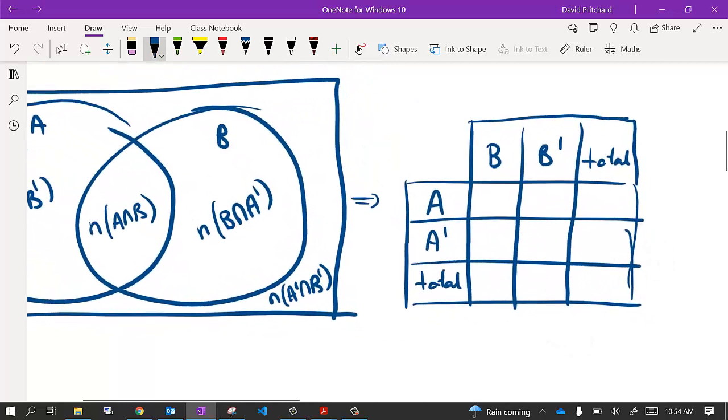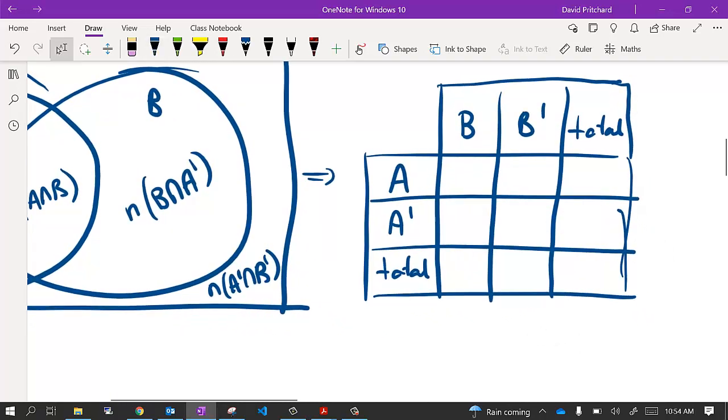And to relate it to the Venn diagram, we're looking at intersections of each of these things. So everything's about intersections here.